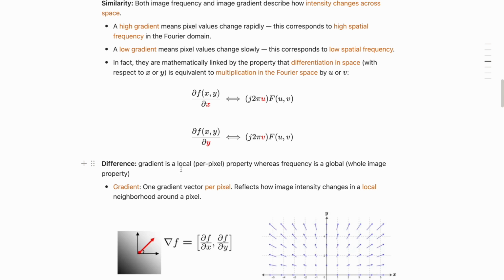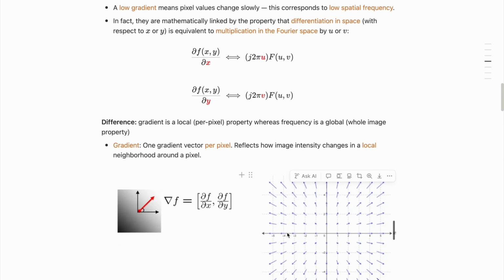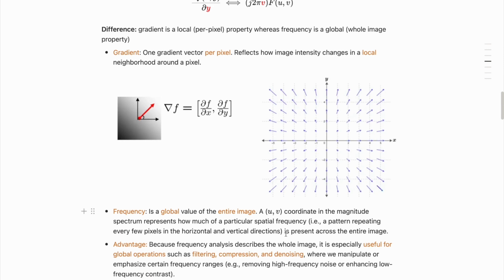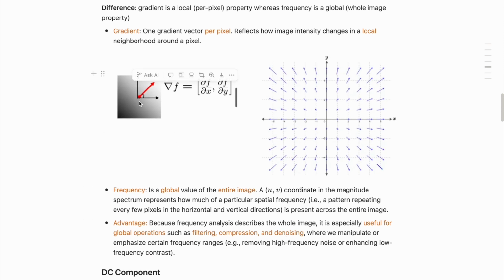Gradient is a local per pixel property, whereas frequency is a global whole image property. If you think back about image gradients, every single pixel on the image has a gradient vector that has a magnitude and an orientation. Then in the whole image, you have a whole bunch of gradient vectors, one per pixel, all pointing in different directions.